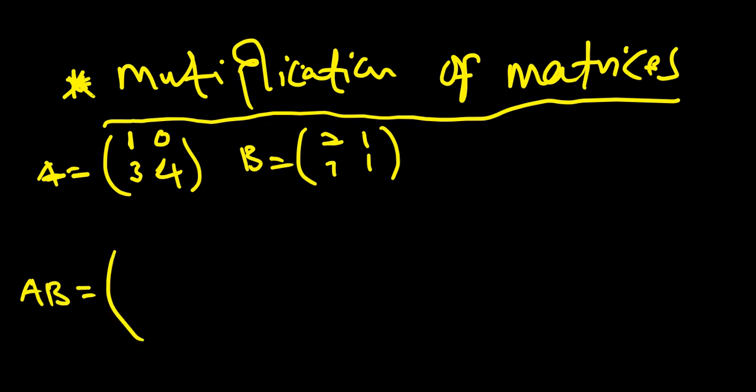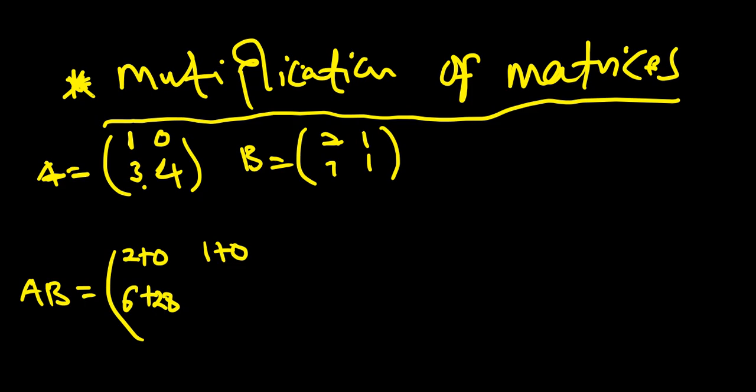AB will be equal to 1 multiplied by 2, that will be 2, plus 0 multiplied by 7, which is 0. 1 multiplied by 1 is 1, plus 0 multiplied by 1, which is 0. 3 multiplied by 2 will be 6, plus 4 multiplied by 7, it will be 28.